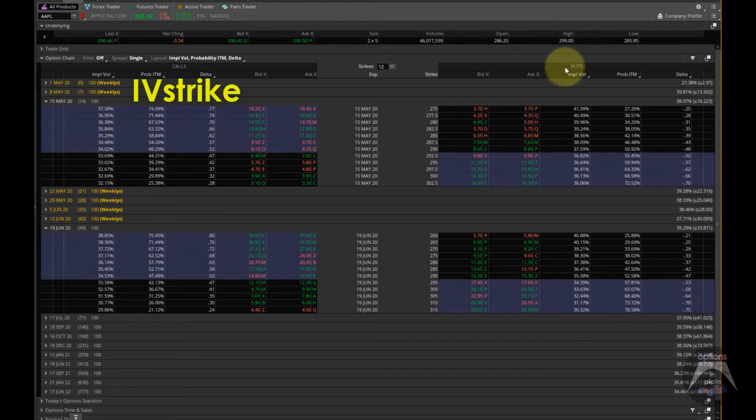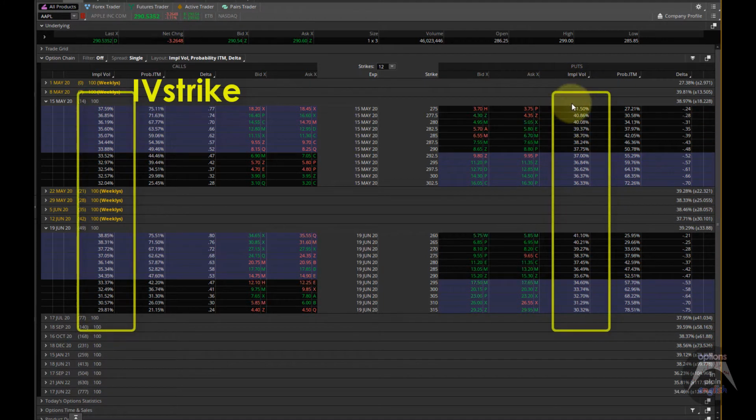In this case, for example, I've pulled up the column for implied volatility. So these are the different implied volatilities per strike. The 290 in the May expiration has an implied volatility of 37, then the 285 has 39, and then the 280 has 40. That's the put.